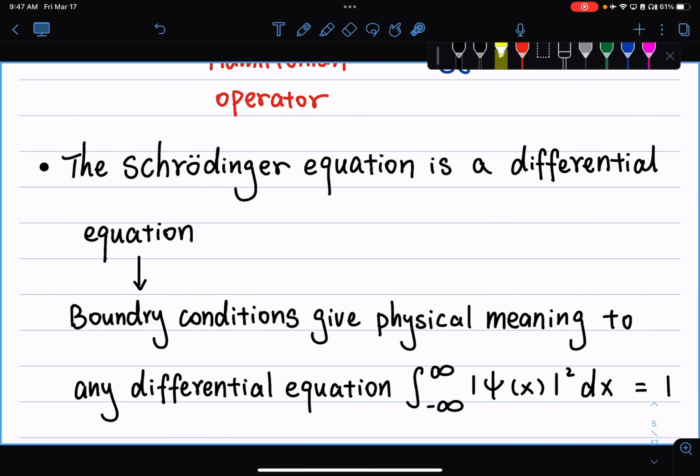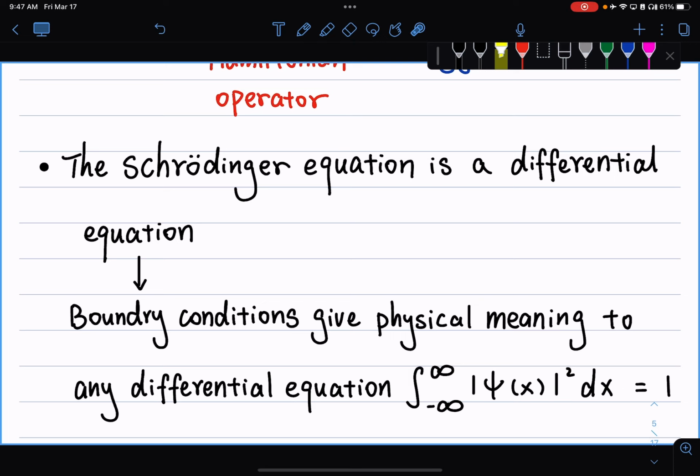And then for any differential equation, boundary conditions give physical meaning to that differential equation. So in the Schrodinger equation, when we talk about the physical meaning, by definition the wave function is a probability wave. By definition, the absolute value squared of the wave function gives you the probability density.